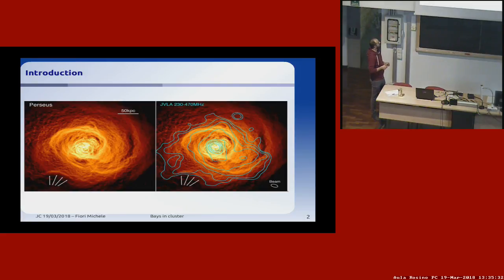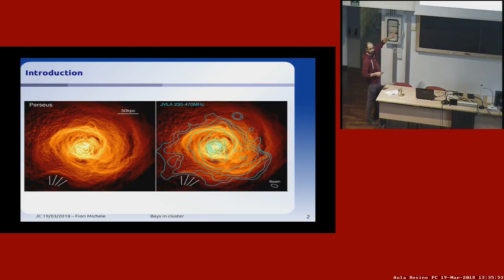We see that there is the possibility of formation of a Kelvin-Helmholtz instability, and probably the formation of this bay, this concave structure, could be explained by this type of instability.